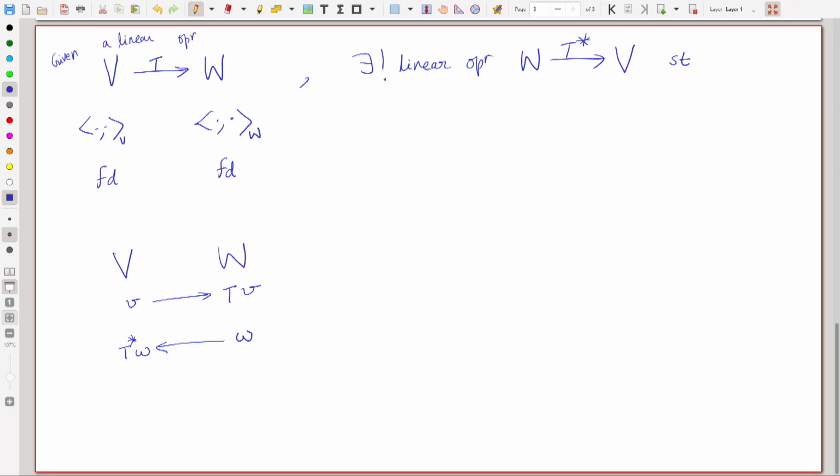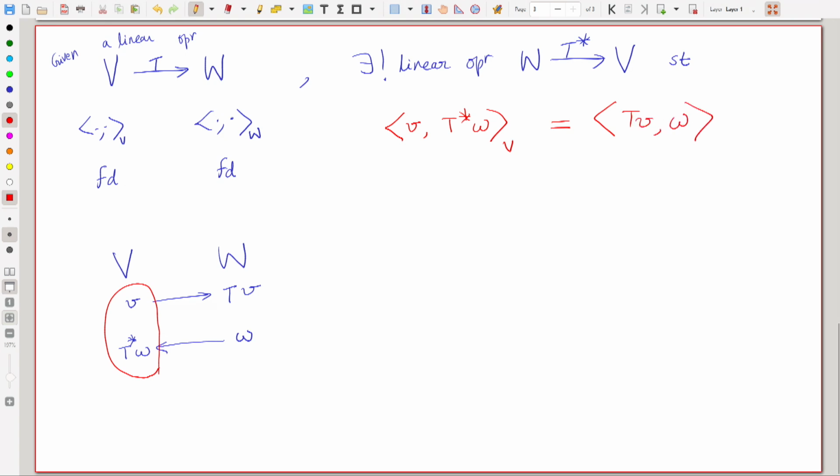So what is my claim? There exists a unique linear operator T star with the following property: the inner product of v with T star w, this inner product I have taken in V, equals the inner product of Tv with w, and this inner product I take in W. Think of this as a theorem, or a definition if you wish.